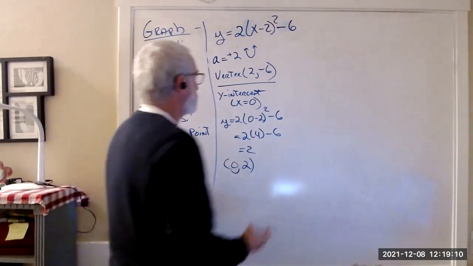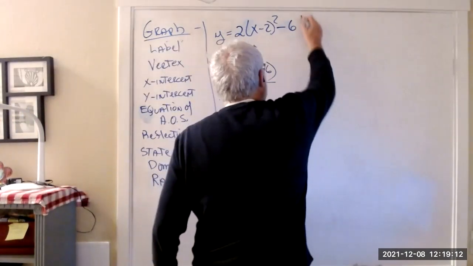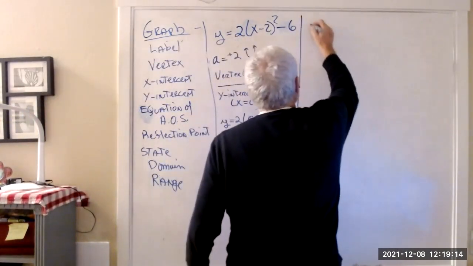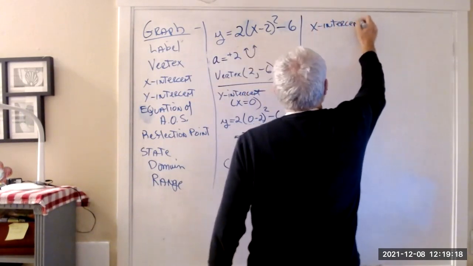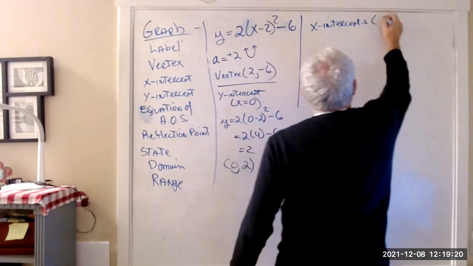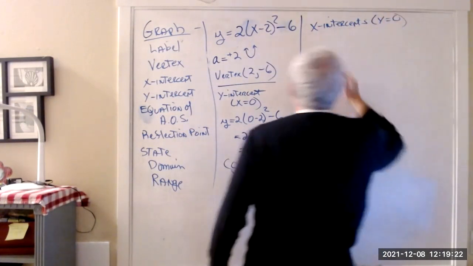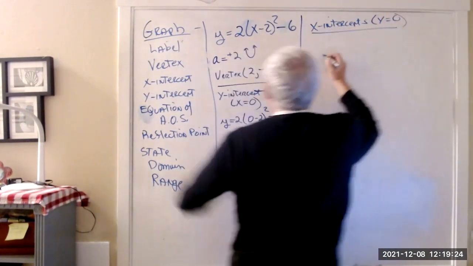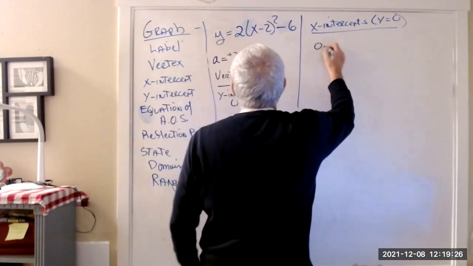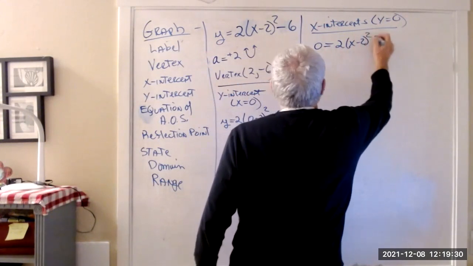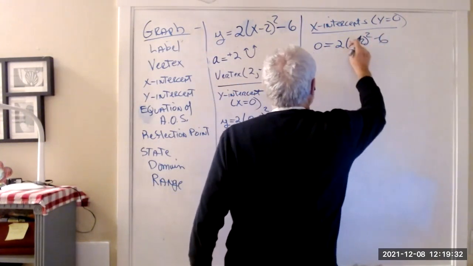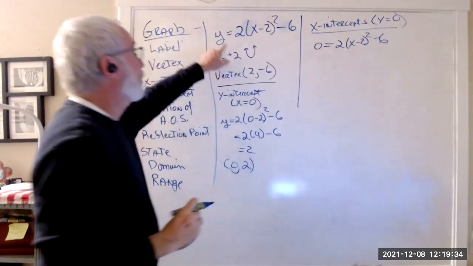Okay. My X-intercepts means set Y equal to 0. So if I do that, I'll move out of the way in a minute. Okay, so I've taken this equation.